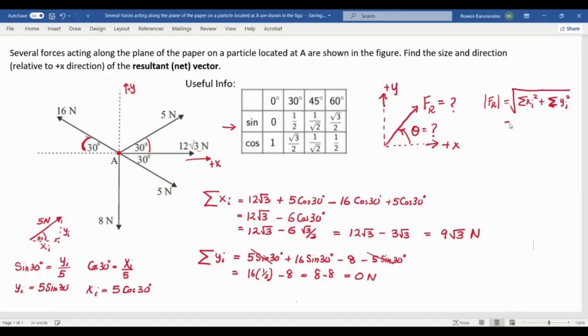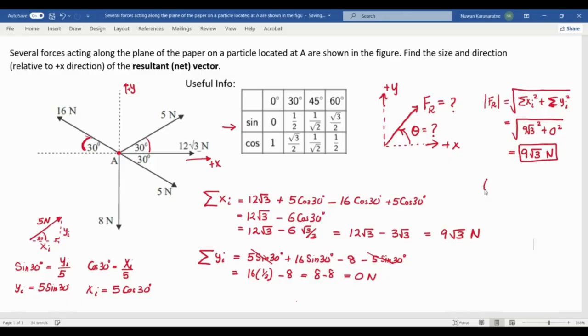Okay. Now, y components are 0. So we'll just have the x components. So we'll have 9 square root of 3 squared, that entire term squared, plus 0 squared. So the answer obviously is square root of a square is just that number, 9 square root of 3 newtons. That's going to be the answer, the magnitude.